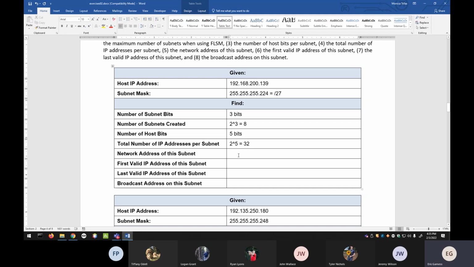Okay. What will be the network address of this subnet? This specifies a specific subnet. I put this IP address in a computer with this subnet mask. This computer belongs to which subnet?